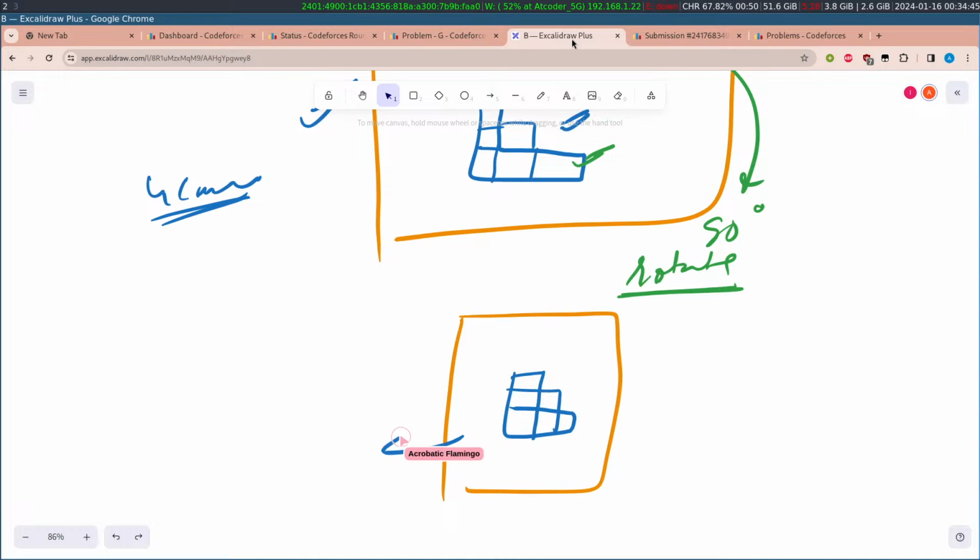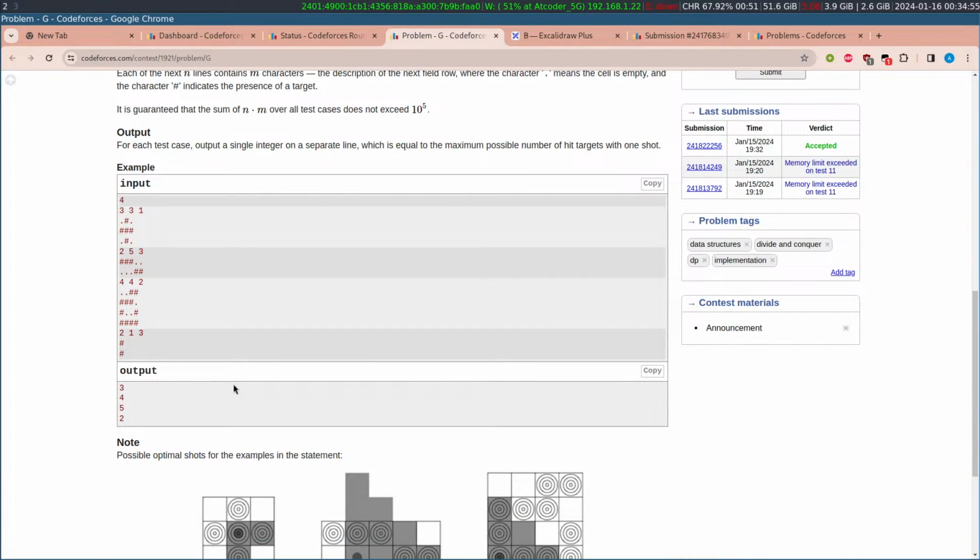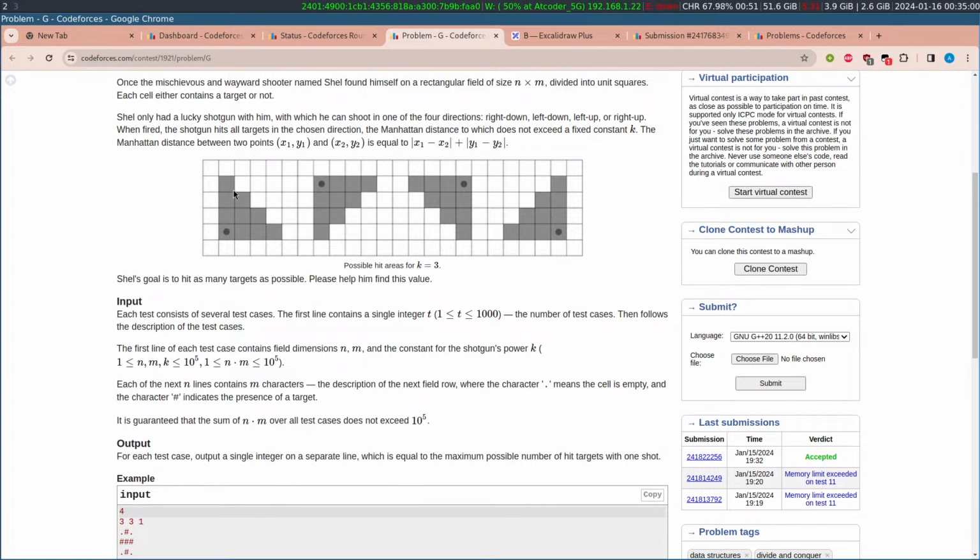And when you rotate it 90° again and 90° again, it will cover all the possible directions. So instead of writing the code for 4 directions, let's write code to rotate the given image 90° 4 times and try to find the maximum answer when you shoot only in this direction. So that was the first part I did.